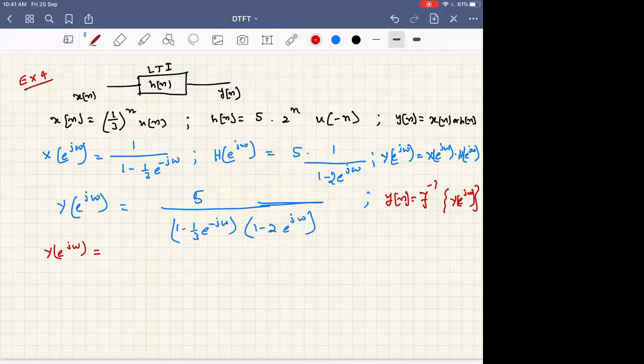Those who are familiar with partial fractions, it is fine. Otherwise, I would suggest that you at least look at some examples of doing partial fractions. In between, plus or minus will come. I will write plus here, but I will write the quotients later, with positive or negative values.